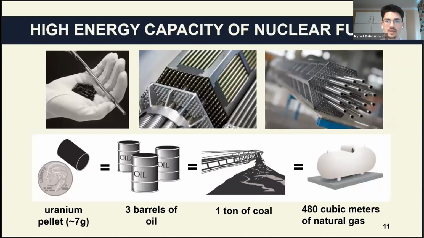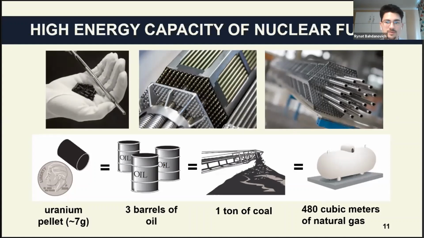Nuclear fuel has huge capacity. Here you can see typical Russian VVER reactor fuel pellets made of uranium oxide. They are put into a fuel rod and then a set of 312 fuel rods is gathered into a fuel assembly. This is how a fuel assembly looks without fuel rods.